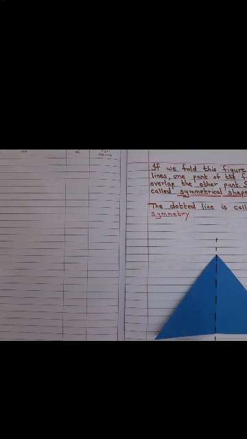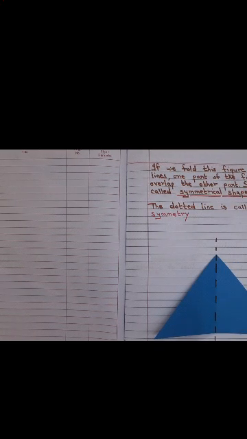Okay, so just a quick recap. Now what do we mean by symmetry? Look here, children. If we fold this figure along the dotted line, one part of the figure will exactly overlap the other part. What do we mean by this?